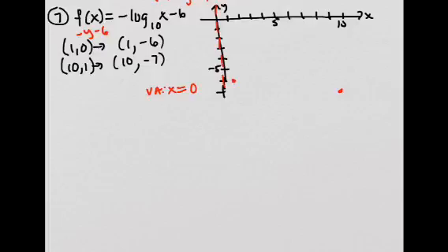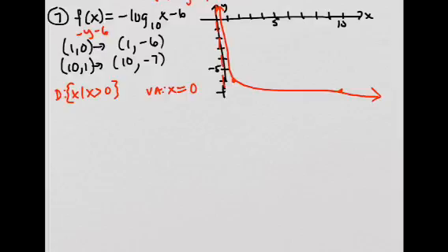Notice (10, -7) is a little lower than (1, -6), so it goes, I know it's kind of hard to draw here, but it goes like this. The domain is all x such that x is greater than 0.